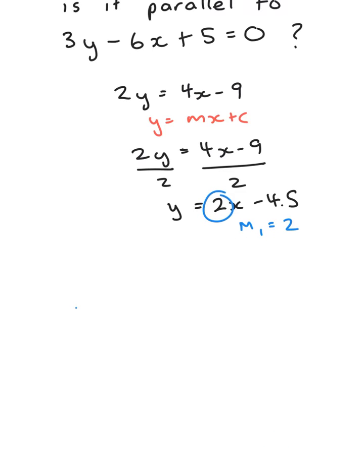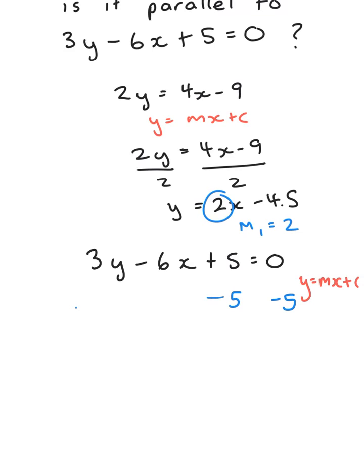I now look at the second equation. 3y take 6x plus 5 equals 0. Once again, I want to get it into the form y equals mx plus c. To do this, I will first subtract 5 from both sides of the equation. 3y take 6x equals -5.